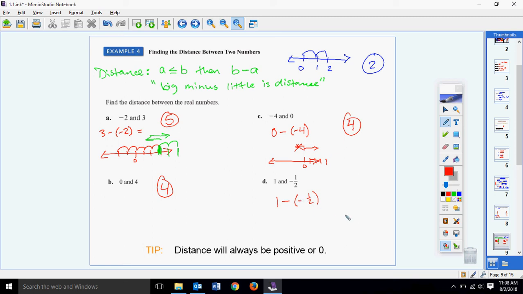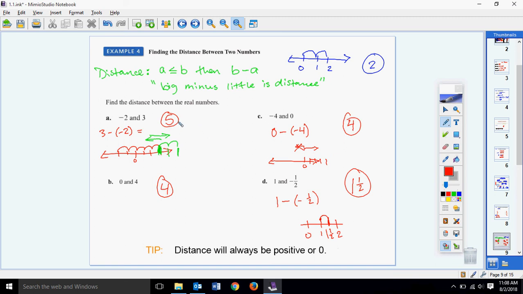So now we're going to the right. We're at 1, we're supposed to subtract and go to the left, but this negative says change direction, and now we're going to the right 1/2 unit. And we end up at 1 and 1/2.